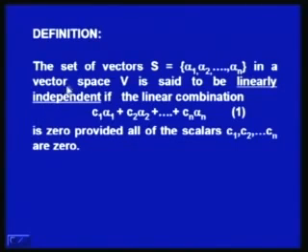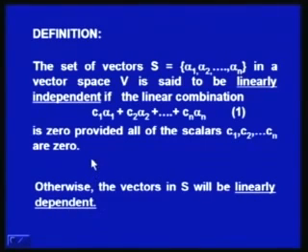The first definition says that the set of vectors S consisting of alpha 1, alpha 2, alpha n in a linear vector space V is linearly independent if the linear combination of these vectors, that is C1 alpha 1 plus C2 alpha 2 plus Cn alpha n is 0 only when all the scalars C1, C2, Cn are 0.